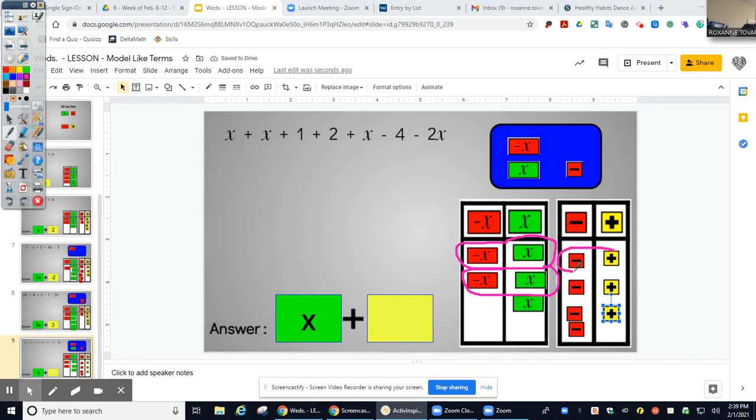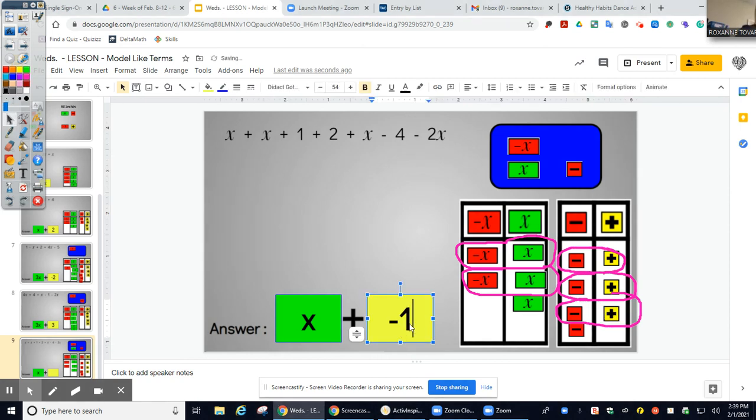Remember, a negative and a positive make a zero pair. And what's left is a negative 1. So in the yellow box here, I'm going to put negative 1. So after I simplify my expression and combine like terms, our final answer is x plus negative 1.